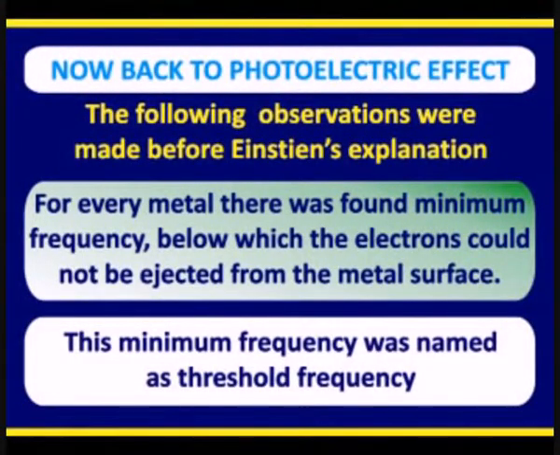made by the scientists. We observe that for every metal, there was found a minimum frequency below which the electrons could never be ejected from the metal surface. This minimum frequency was named the threshold frequency.